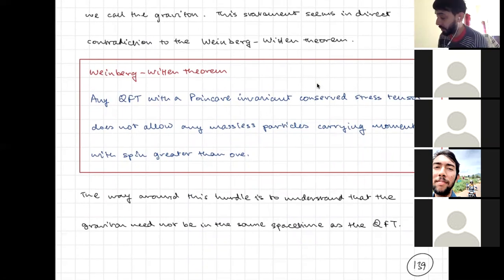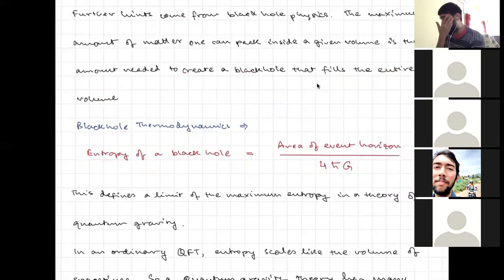So there are more hints of this from black hole physics. What is the maximum amount of matter that one can pack into a certain volume? This is going to be the amount that is necessary to create a black hole that fills up this entire volume.